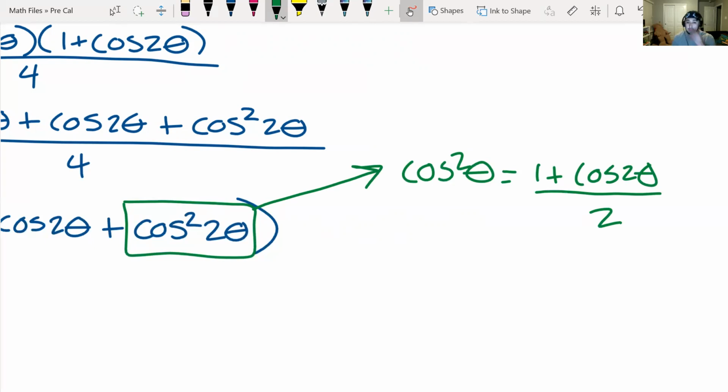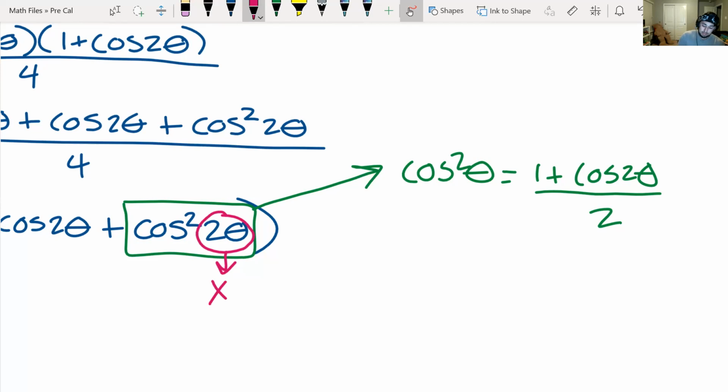The only thing that's different here is that this is for cosine squared theta. What I have over here is cosine squared 2 theta. So what I'm going to do here is make a quick substitution. We are going to let 2 theta become, what's a good symbol? X. Everybody loves X.